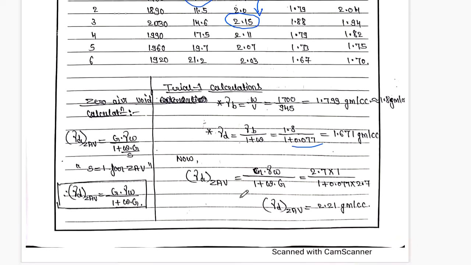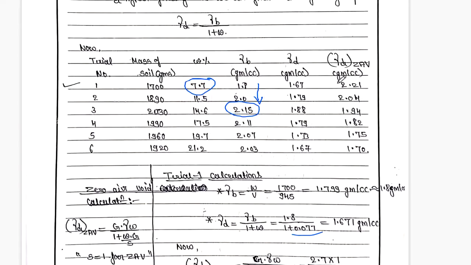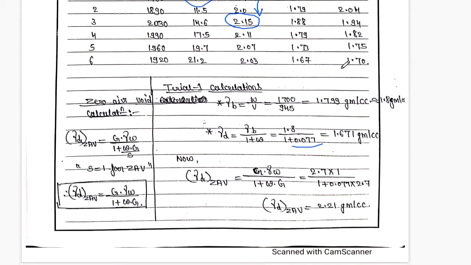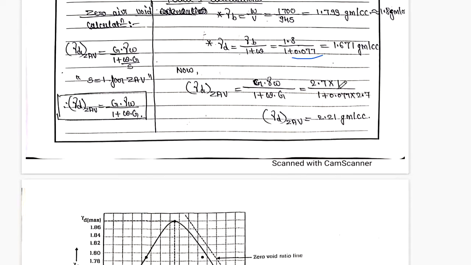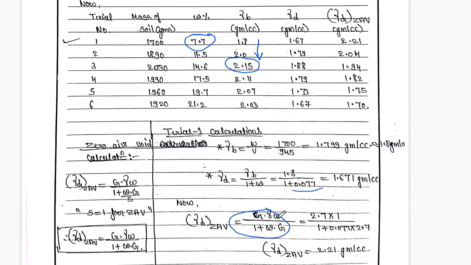Now, how about the zero air voids line? The third row will be for the zero air voids line. The formula, which we have already seen, is G into gamma W divided by 1 plus water content into G. For the first trial, G is 2.7 and gamma W is 1, as it is in gram per cc.